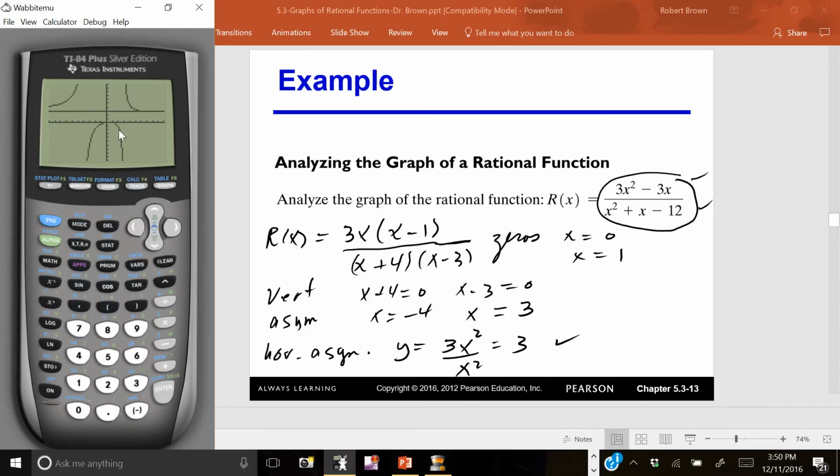And we also need to look a little more closely around x equals 0 to see what's happening.